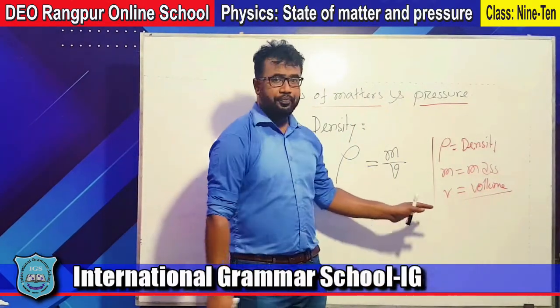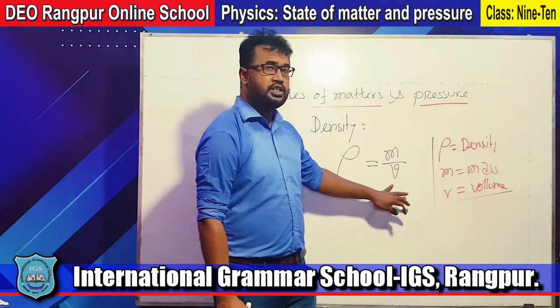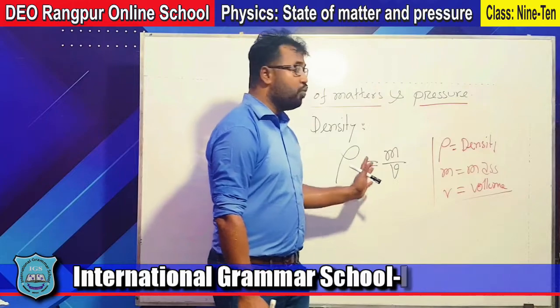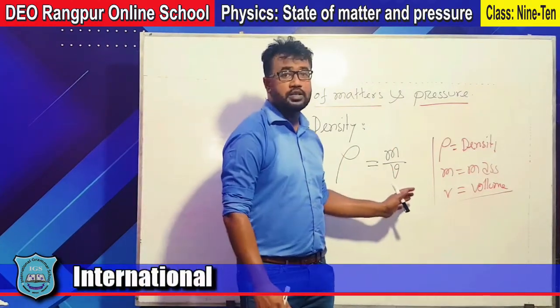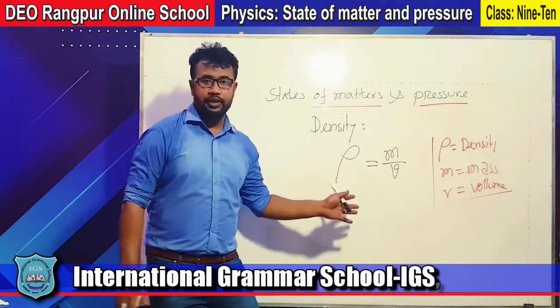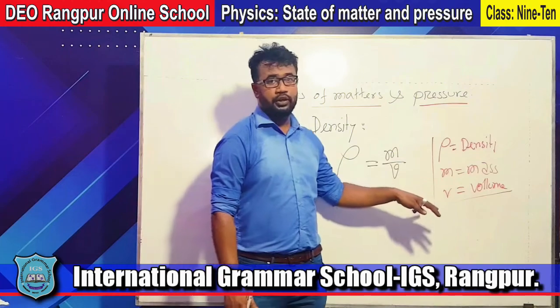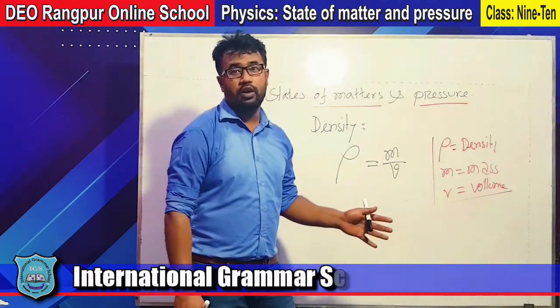Look here. If you want to find out the density of any object, that will depend on the mass and the volume. If the volume is increased, then the density will be decreased. If the mass is increased but the volume is fixed, the density will also increase.